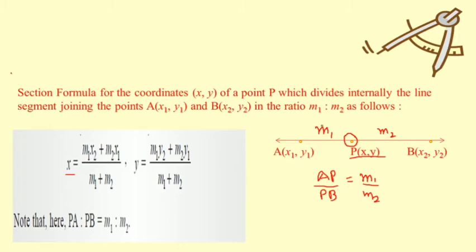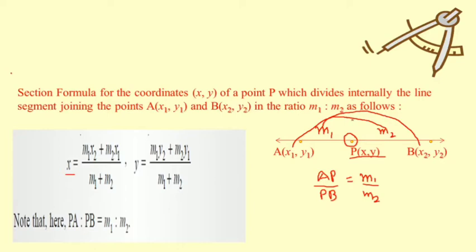Suppose we are taking this part of the ratio, the left hand side part of the ratio, then we will go to the right hand side x coordinate. So we will multiply m1 with x2, m1 x2. When we take the right hand side part of the ratio, then we go to the left hand side x coordinate, that is x1.